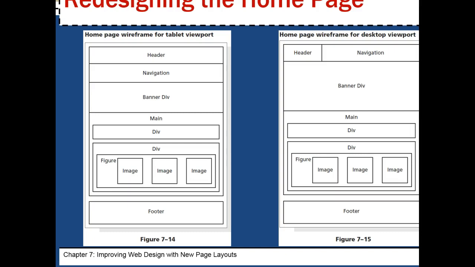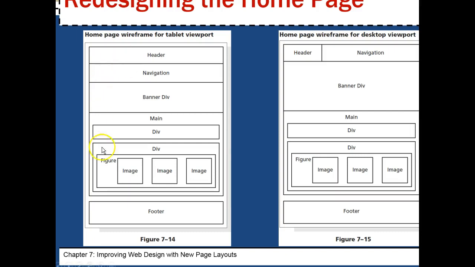So we're going to start by reviewing the existing wireframe for each viewport to determine how we can improve it. So you can keep the same wireframe for the homepage mobile viewport because it's basic, kind of adaptable, and works well in limited space. So the new wireframe for the tablet and desktop viewport can integrate a div for a banner, a banner image, and a figure element, as we can see in here.